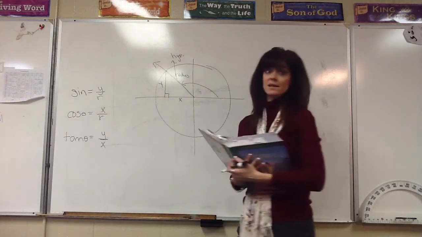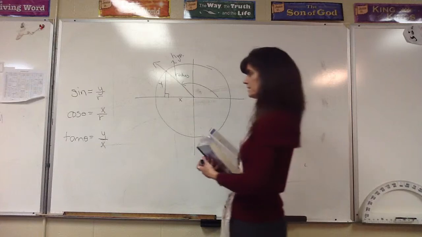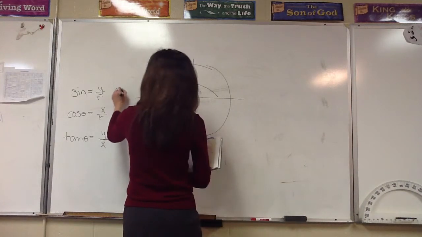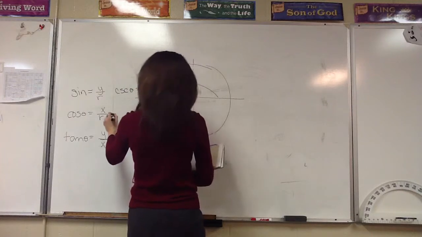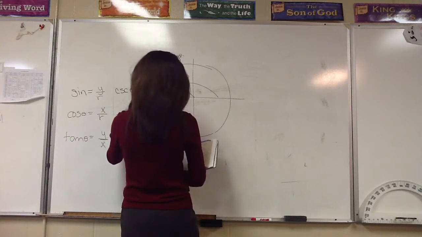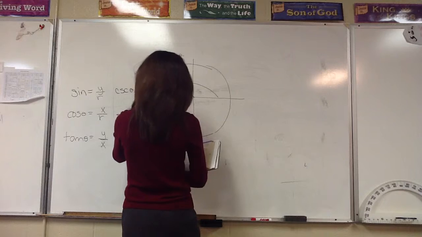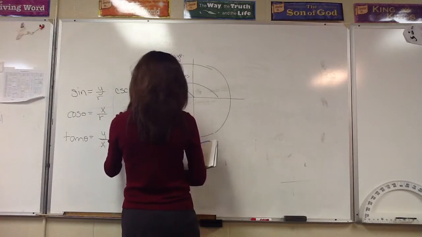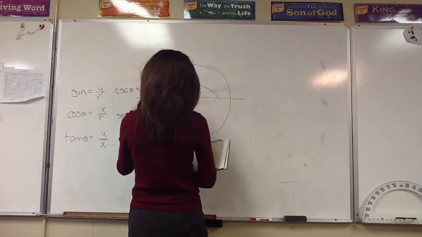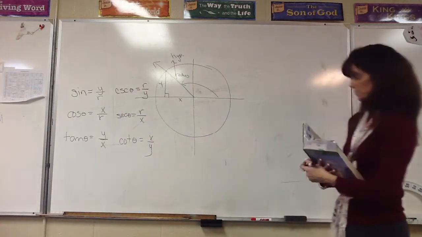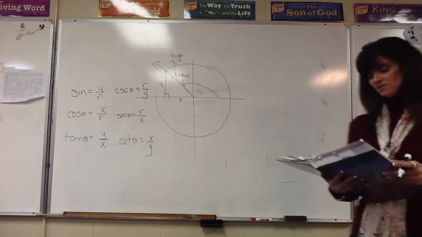And of course, x can't equal 0 here, or it would be undefined. And then we see our reciprocals. We just simply switch them around. Okay, there we go. So now we have our functions all set up here.